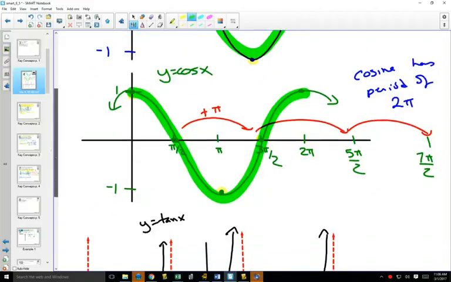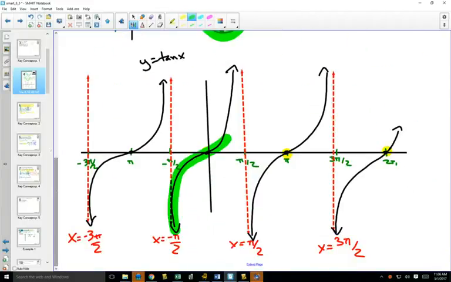Well, if we take one section of our tan graph, can we see that this sort of thing that almost looks like an x-cubed graph repeats itself over and over and over again? Now, the difference between sine and cos and tan is tan has a period of pi. From -pi/2 to pi/2, that distance is pi. So its period is different than sine and cos.